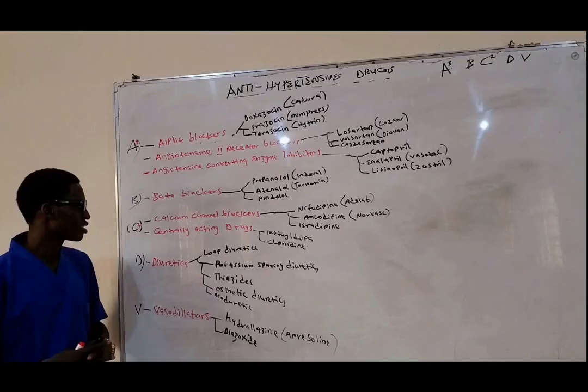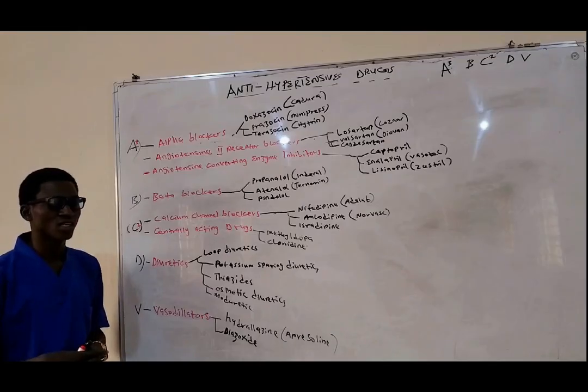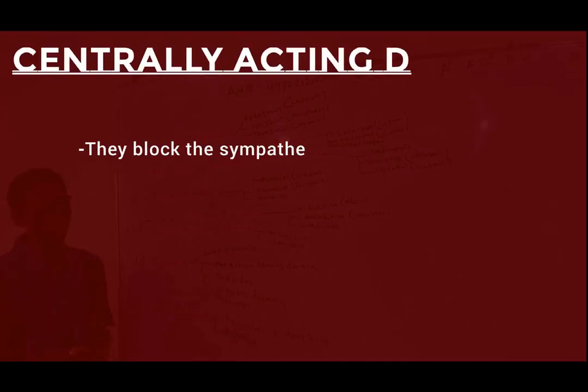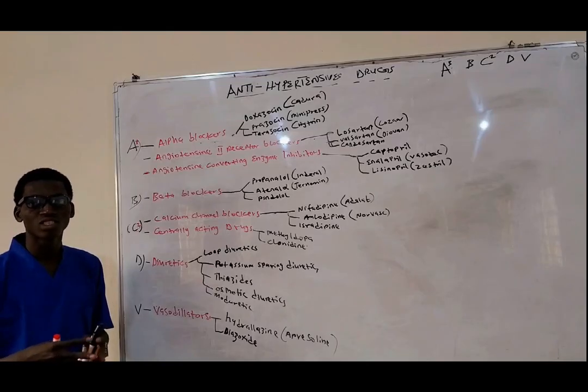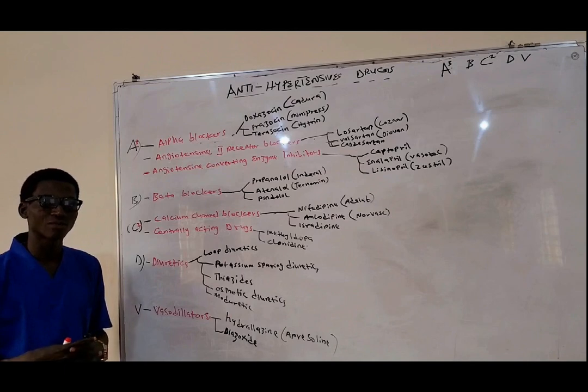Then the second C here we have centrally acting drugs. Centrally acting antihypertensive drugs, when administered into the body, block the sympathetic nervous system directly. For the heart to contract, for the SA node, the conductive system of the heart to work, it has to be with initiation of the sympathetic nervous system.